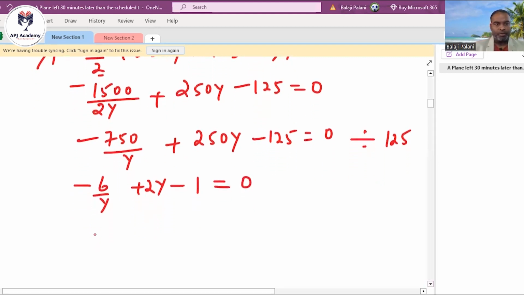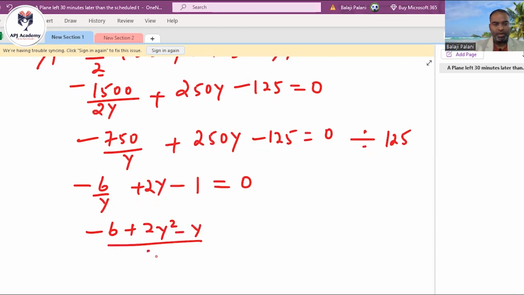Now I'm going to multiply throughout by y and form a quadratic equation. Minus 6 plus 2y square minus y, whole divided by y, is 0. Now group it. 2y square minus y minus 6 is equal to 0.